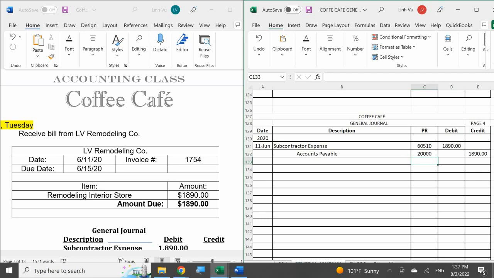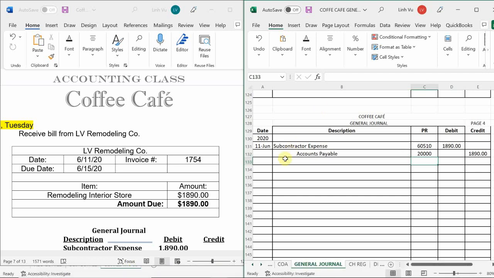How many days do we have until we have to pay them? From the 11th, we have 4 days to pay them. So we owe them 4 days. Who did we receive this bill from? LV Remodeling Company. What was the proof of the transaction?